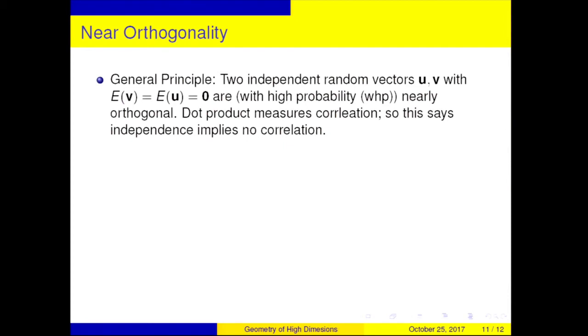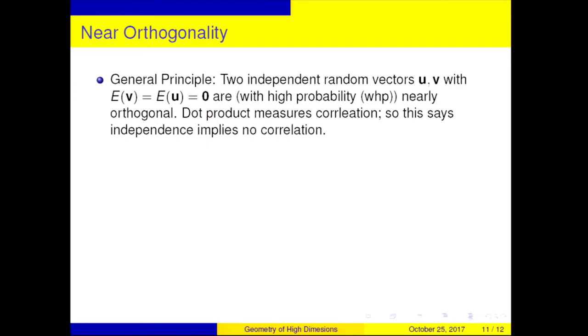Then with high probability, another phrase we'll use a lot, so I'll use WHP for with high probability, which usually means exponentially small probability of failure, these vectors u and v will be nearly orthogonal. V will not have very much of a component along u. We'll quantify that.